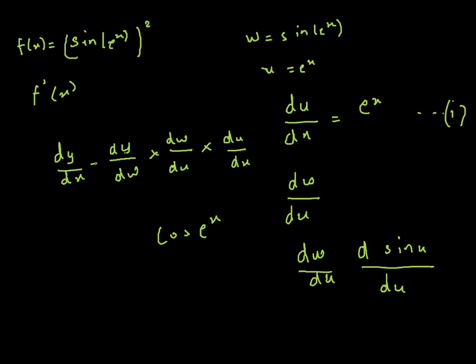So this will be equal to this, and that makes a lot of work easier. So dy by dw, what is dy by dw? What is y? It is sine of e raised to x, the whole squared.